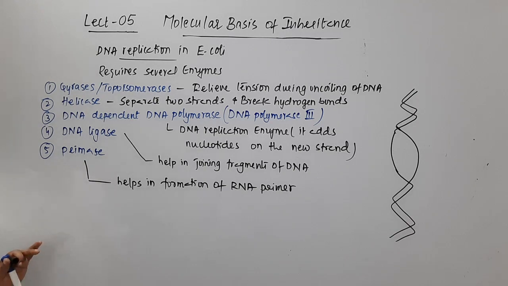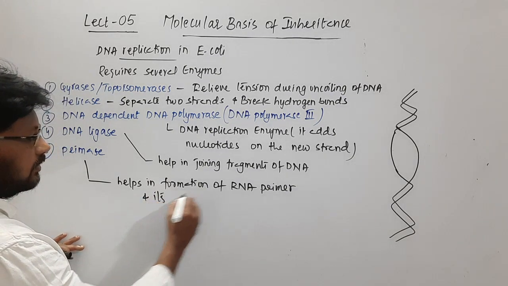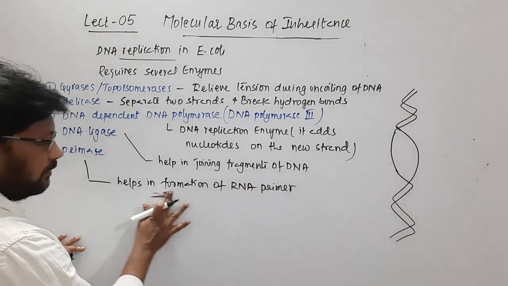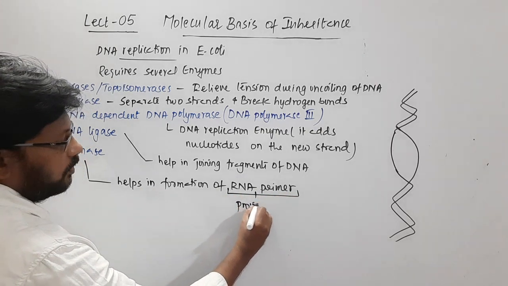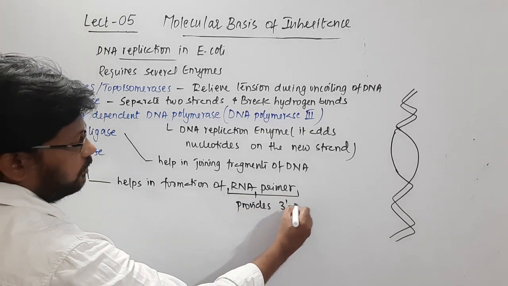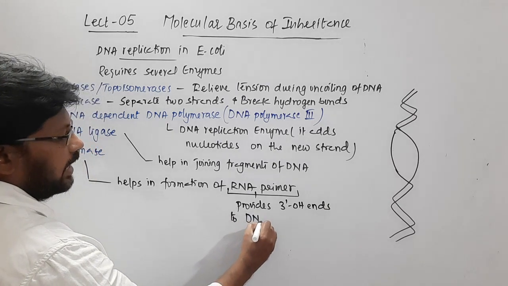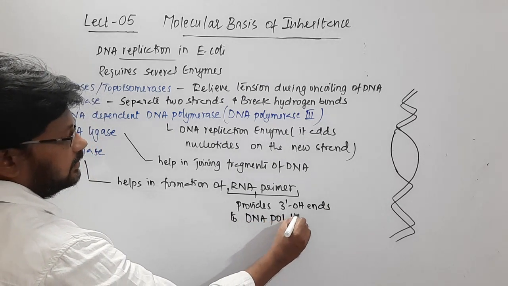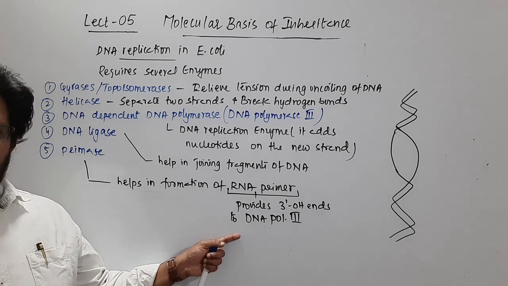So that RNA primer will be a short stretch of nucleotides, and it provides 3' OH ends to DNA polymerase 3 enzyme.